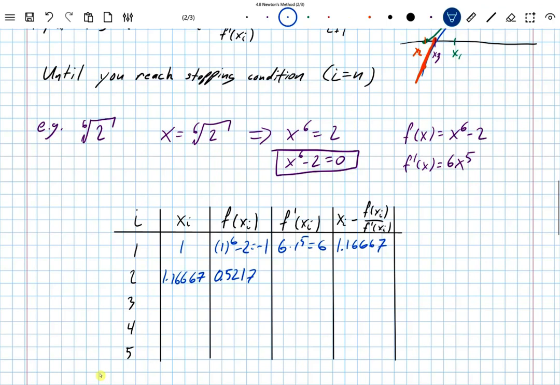So I get 6 times 1.1667 to the 5th, which is 7.168. Okay, much bigger.